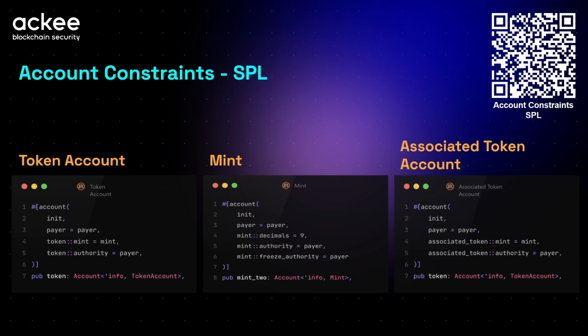Then in the middle is the mint account, which corresponds, as you know, to the token. And then on the right hand side you can see the associated token account, which again you already know has its address associated with the owner and the mint. That's why it's called associated.